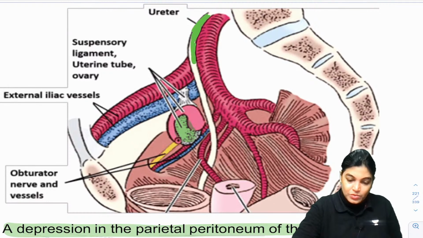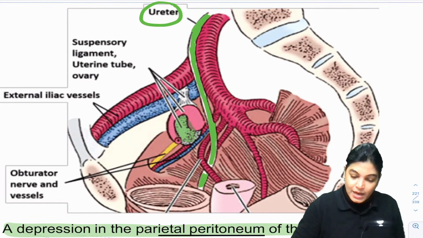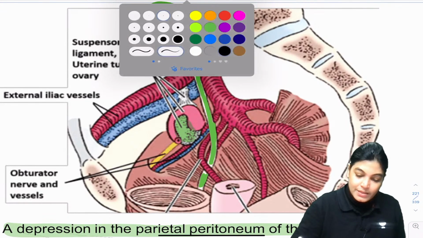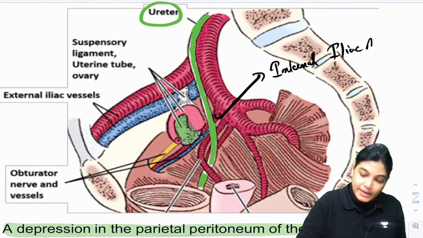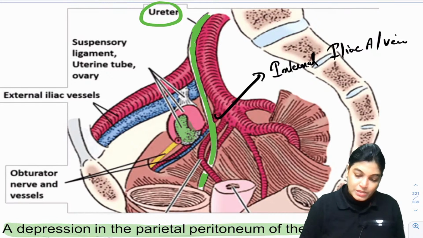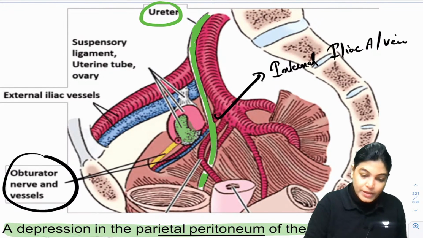Posteriorly it is related to the ureter, as you can see here, and these vessels are the internal iliac artery and vein, which will be in relation posteriorly. Inferiorly will be the obturator nerves and vessels. So the obturator nerves and vessels will be related inferiorly.